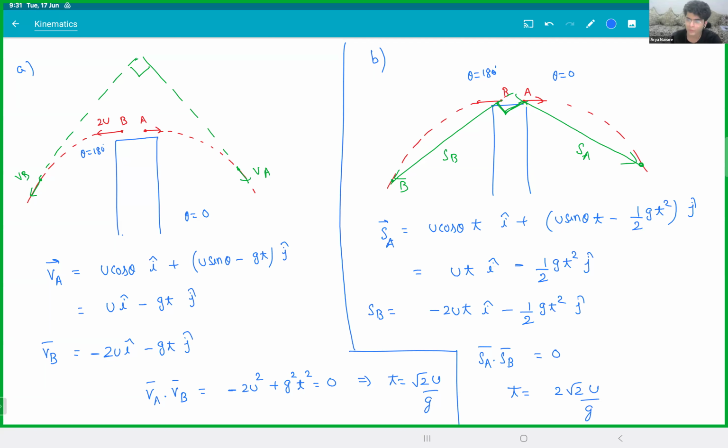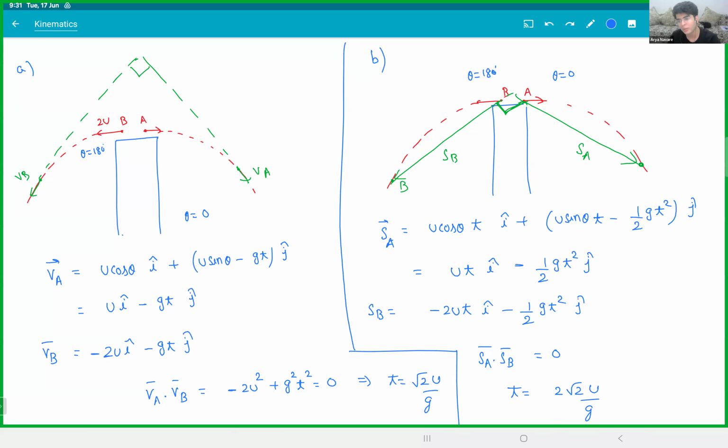Sir, if both of the projectiles were projected with u horizontally, would we obtain a time when their velocities are perpendicular? You're saying both are thrown with U and U. Yes. If you do U and U you will get U by G. What is the difference?